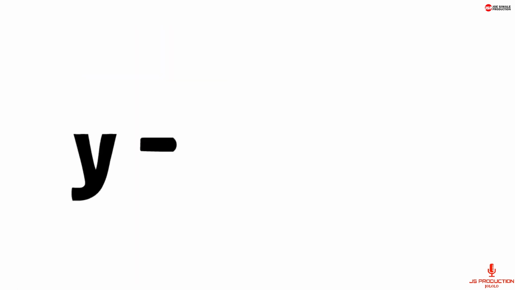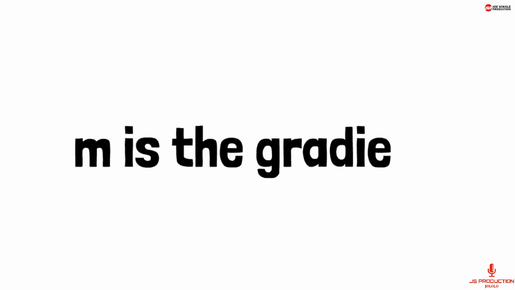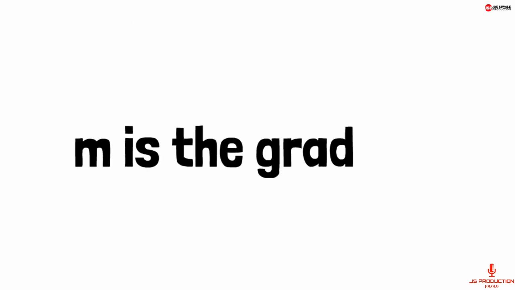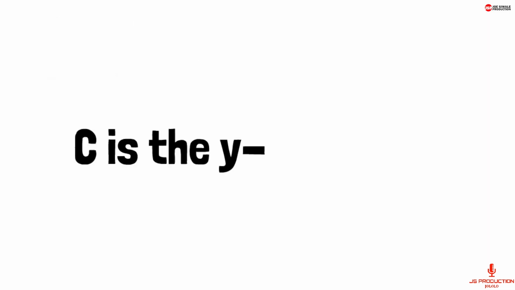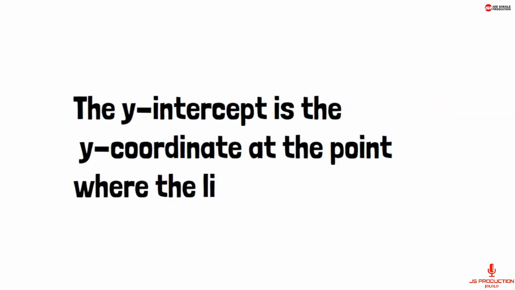Let us now look at the gradient intercept form. The standard form of the equation of the straight line is given as y is equal to mx plus c, where m is the gradient and c is the y intercept. The y intercept is the y coordinate at the point where the line cuts the y axis.